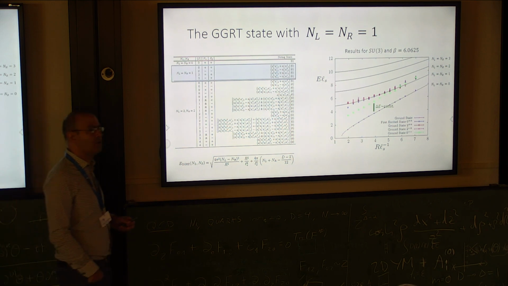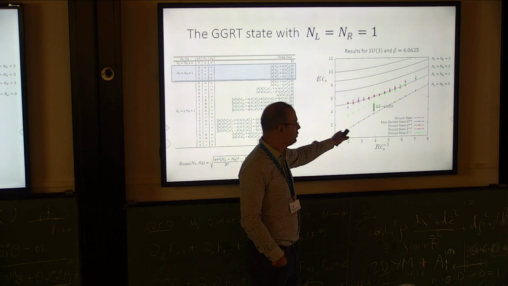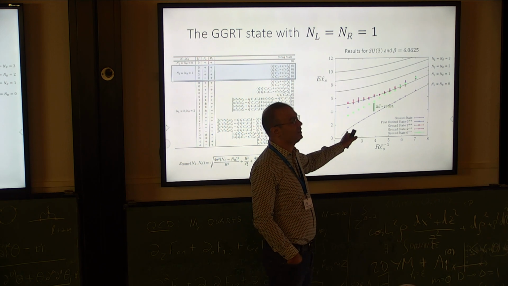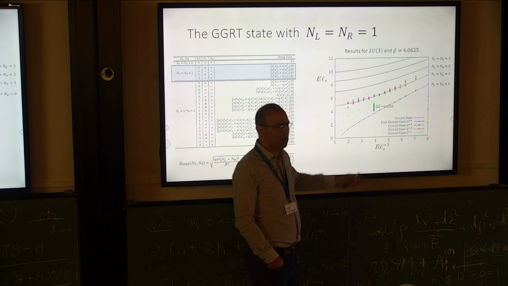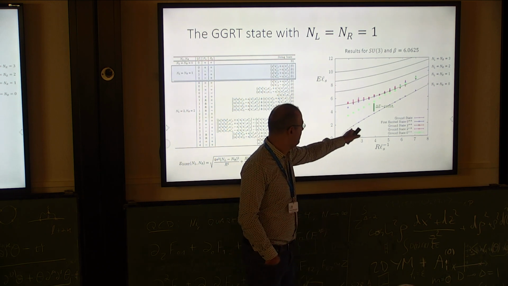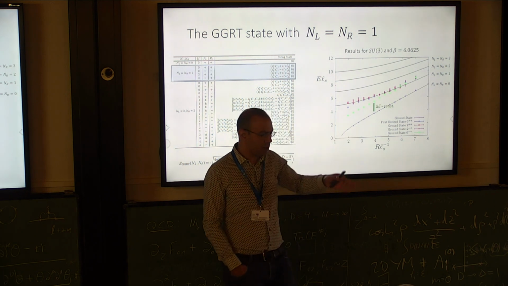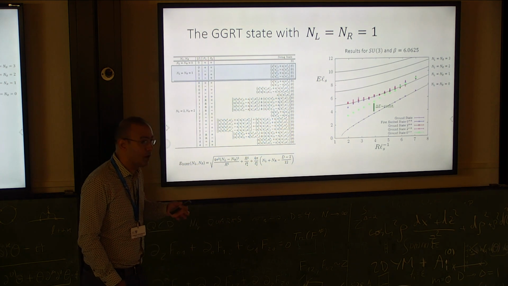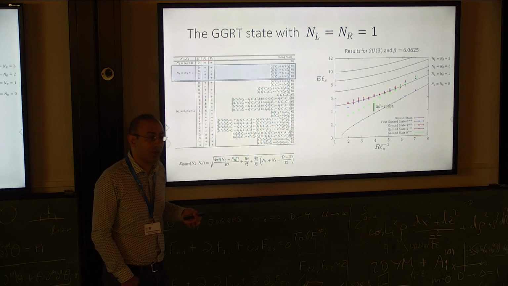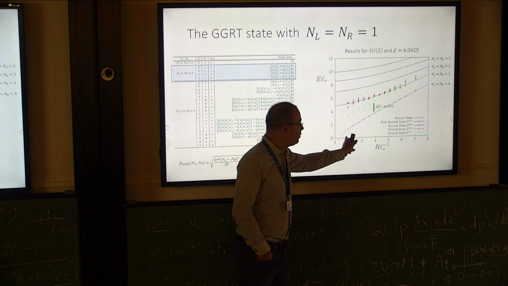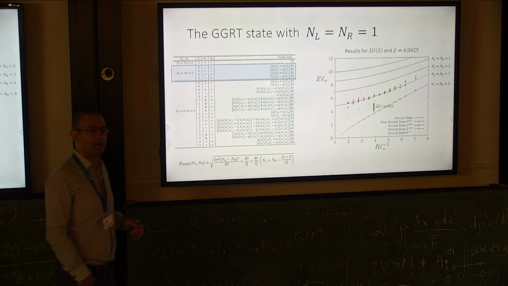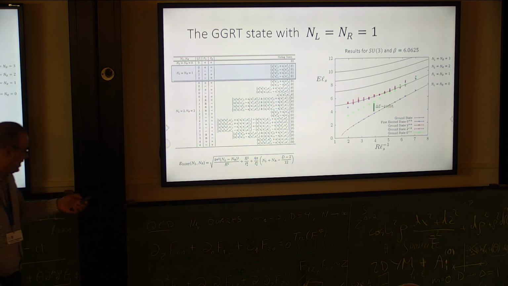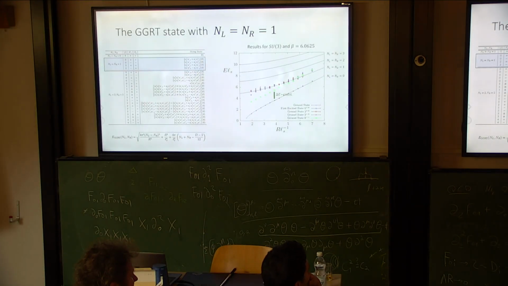SU3 is first order, and SU4 is first order phase transition, and the transition gets stronger with N. So you cannot go beyond this critical temperature. I can clarify what I mean, we can discuss it later. It's not important. I'm running out of time, and I still need to show you a lot.